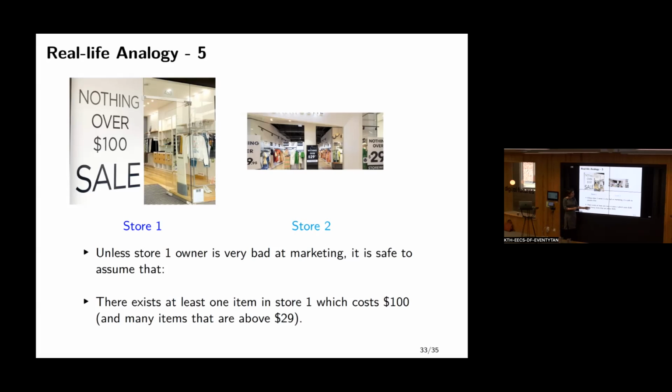And I would even go further: it is probably a good strategy to have a lot of items between $29 and $100, because otherwise, if there is only a single item valued at $100 and everything else is below $29 in store one, you might as well pull that item from the shelves, adjust your channel, and have a similar kind of advertisement as the other store.